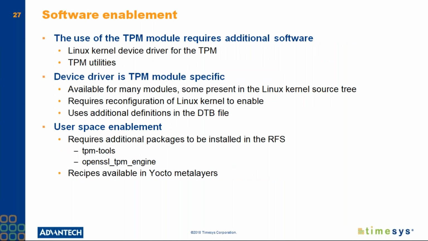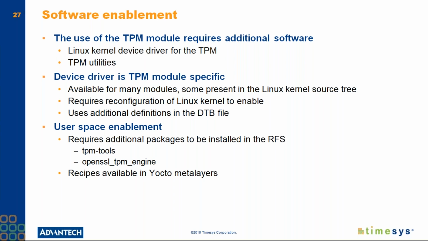In order to start using the TPM, you need additional software. You need to enable the appropriate driver. Most of the TPM modules nowadays do have good mainline support in terms of driver. You also need to additionally configure your device tree to enable the SPI or I2C node to make use of the driver.